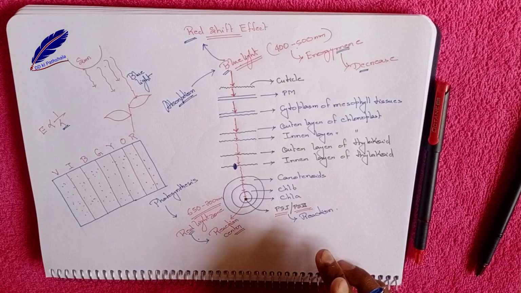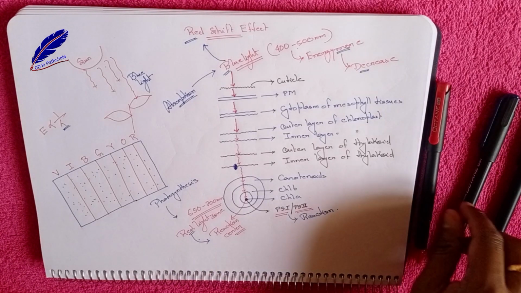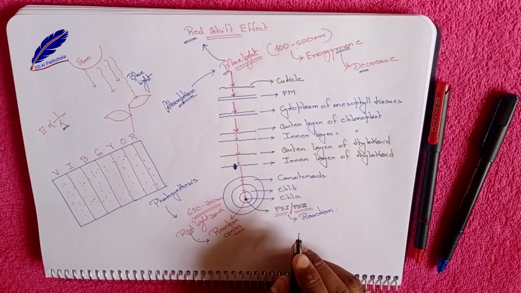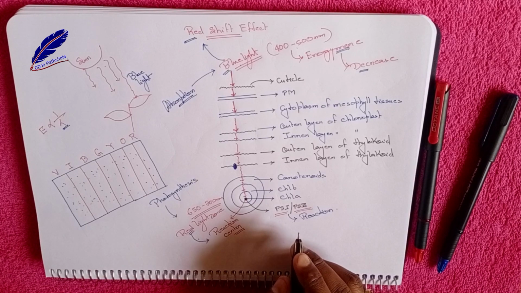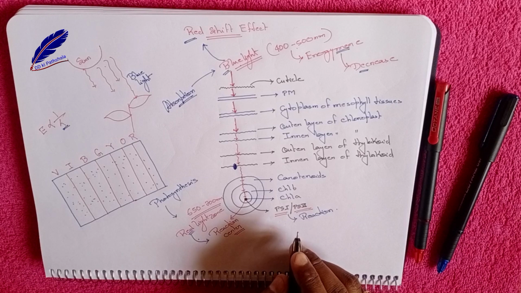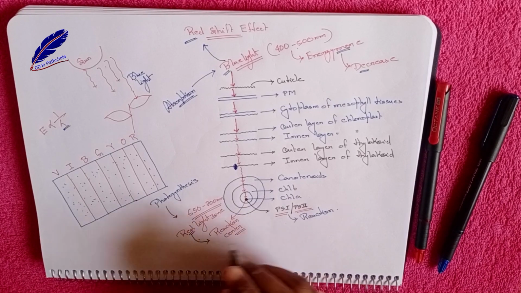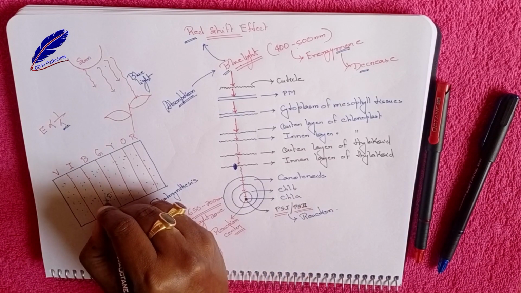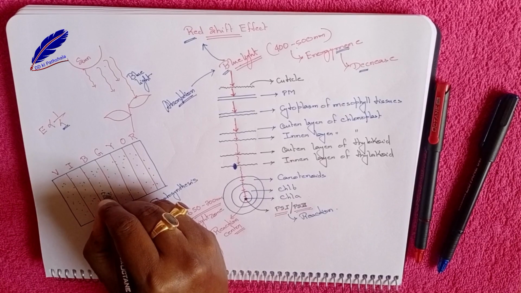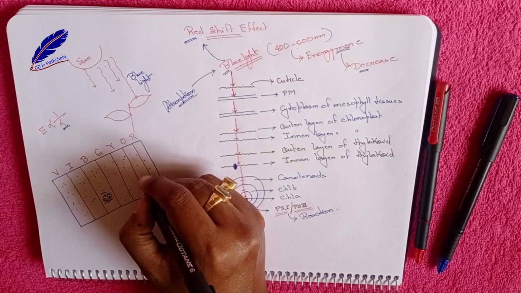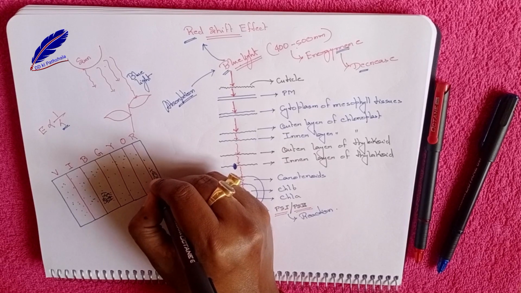After a certain duration of time, what was observed is that most of the photosynthetic microbes had accumulated either in the blue light zone or in the red light zone.